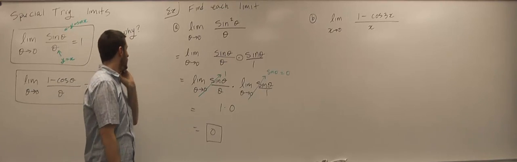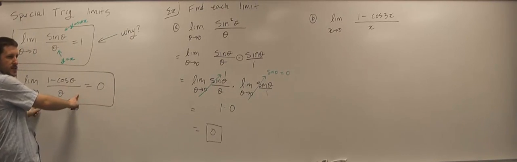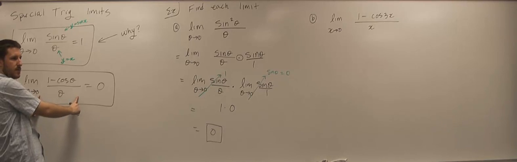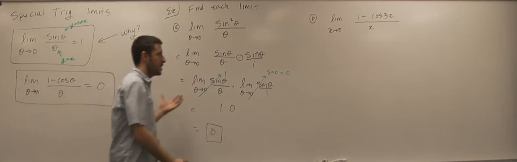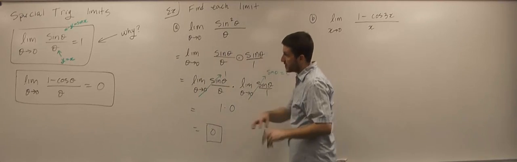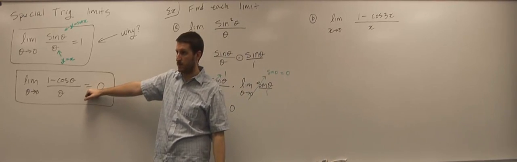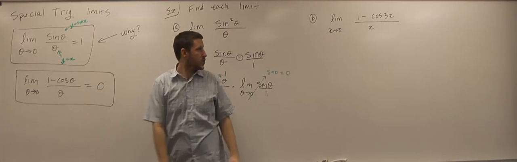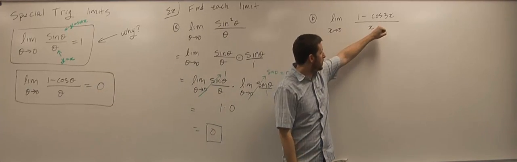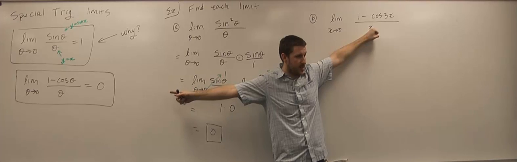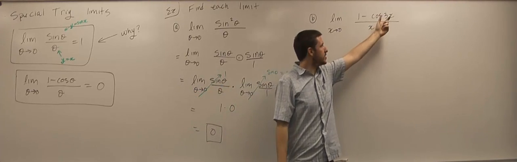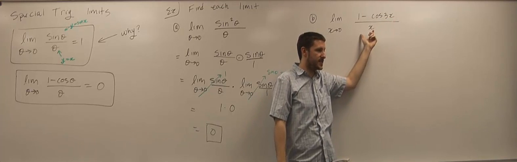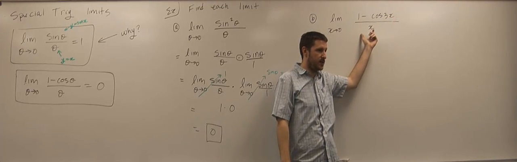Right? You want to look at this and say it looks pretty similar to this, so it's probably 0. Which maybe it will be, but it's not exactly the same as this. So what you need to do is a little bit of manipulation to make it exactly the same as that. More specifically, these need to match. If this is 3x in here, this has to be 3x down here. And then you're in business.